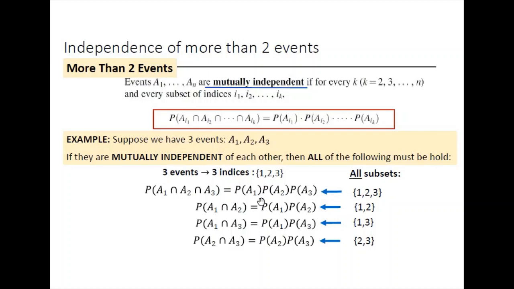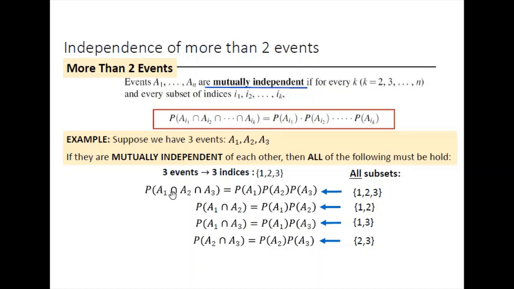But which equations? We start from groups of 2 events. A1 and A2 should be independent. A1 and A3 should be independent. A2 and A3 should be independent, and finally all 3 of them should be independent.